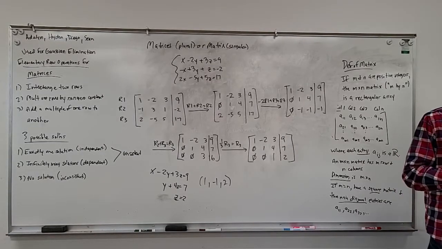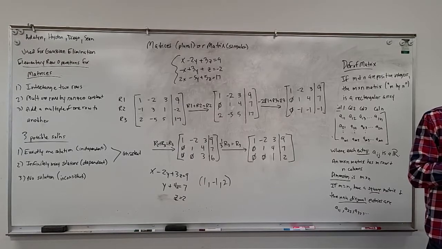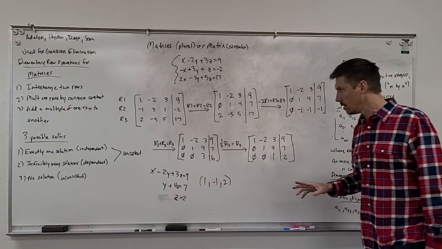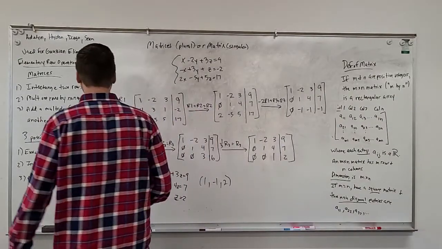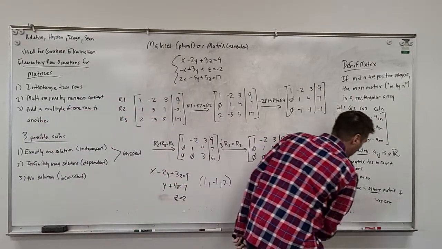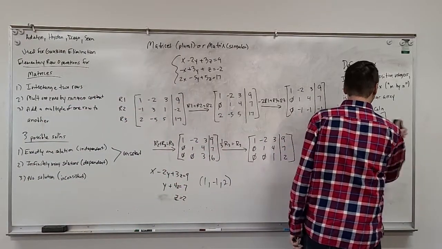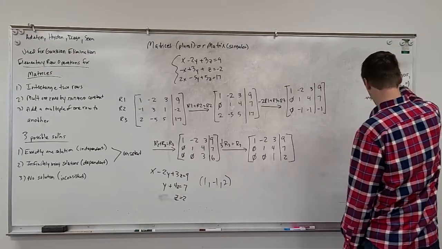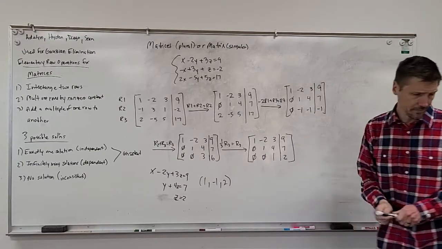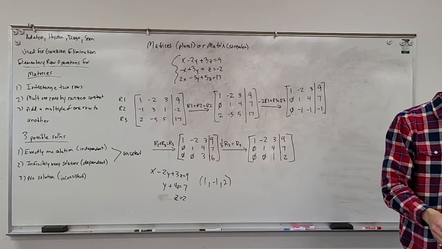Okay, so let me define, or I'll do that here. I need to define, we've talked about row echelon form, but we haven't given you a specific definition for that.